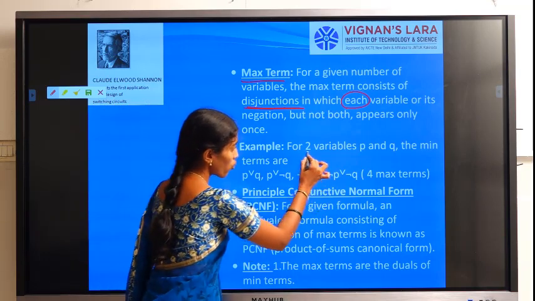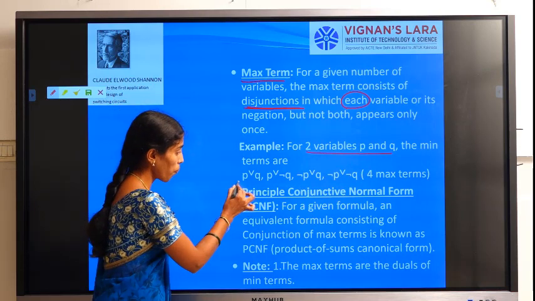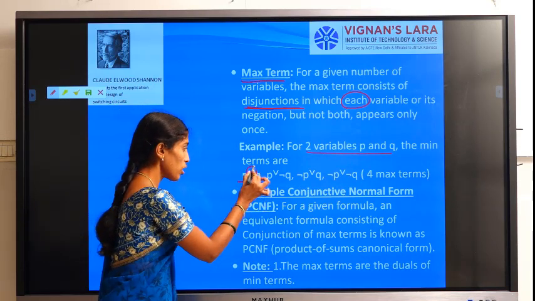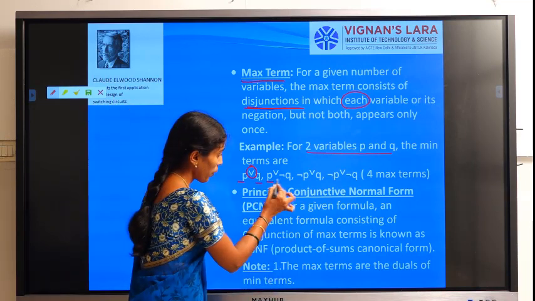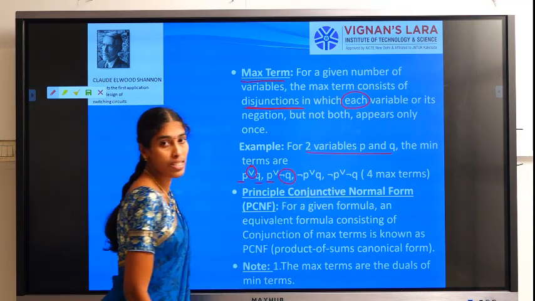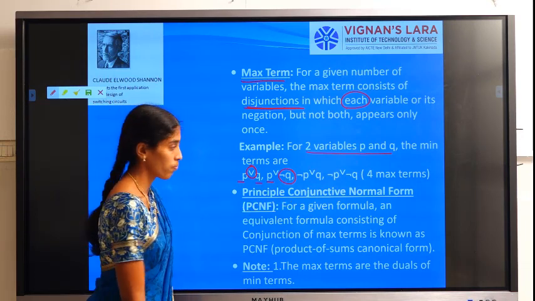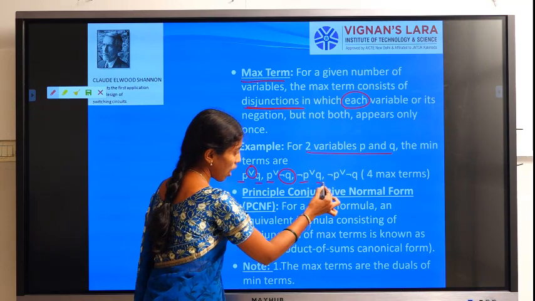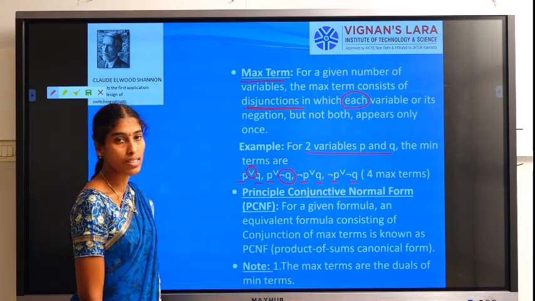This word each is also important. If we consider two variables P and Q, the max terms are P and Q joined by the disjunction symbol OR, with their negations: P OR Q, P OR negation Q, negation P OR Q, negation P OR negation Q. These are the four max terms.